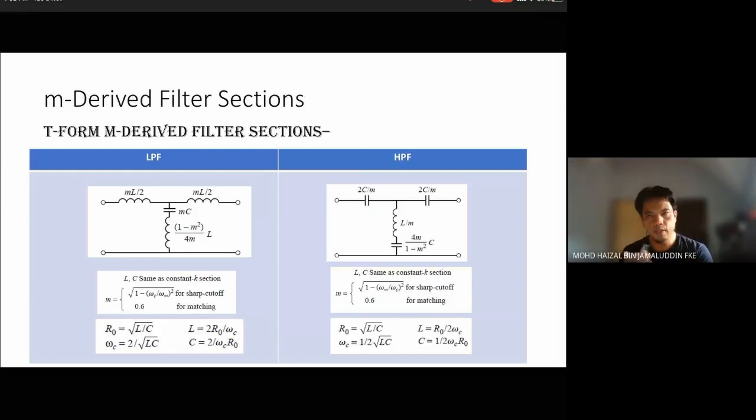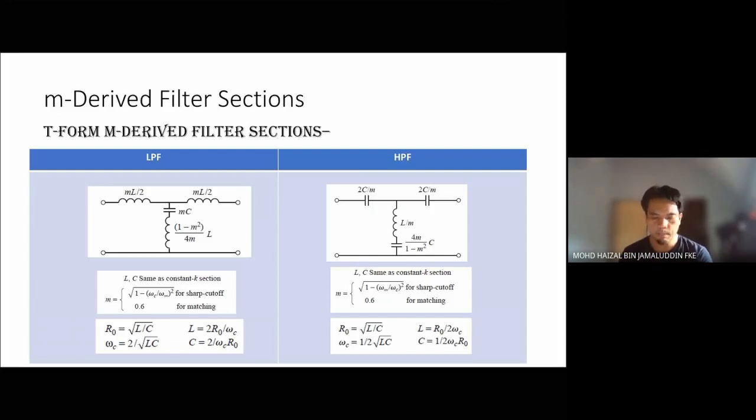The same as the constant K filter design, it also has the T form and pi form. But here I will just focus on the T form for the low pass and high pass filter.